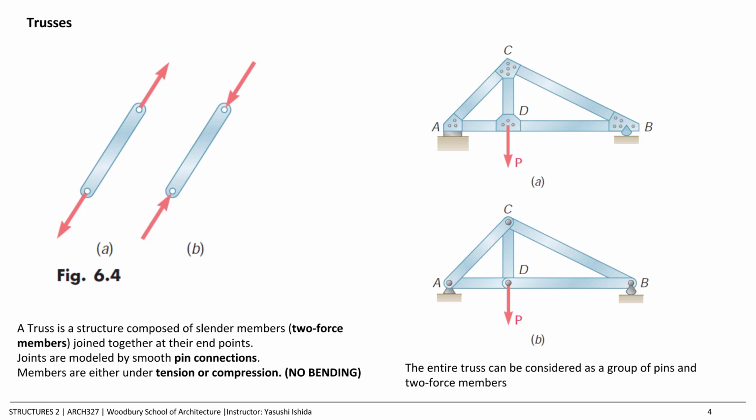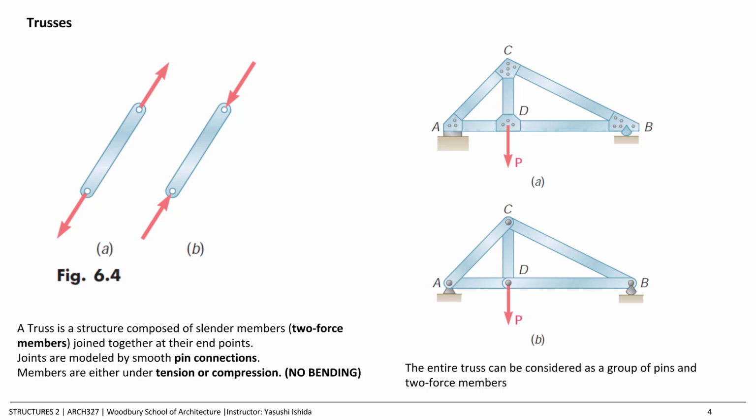Basically, this pin joint means it's completely free to rotate. It doesn't move in X or Y, but it has zero resistance for rotation, right?